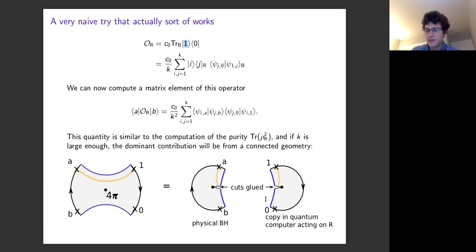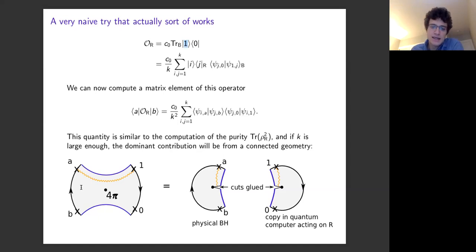And if we take this object here and glue it in on the left, then what we're gluing in is just precisely a creation operator. This is a creation operator for a particle because on the lower half of the cut, there's no particle. On the upper half of the cut, there's a particle. So that's the definition of a creation operator that we've inserted at this point in the physical black hole.